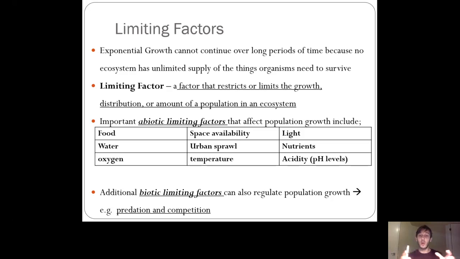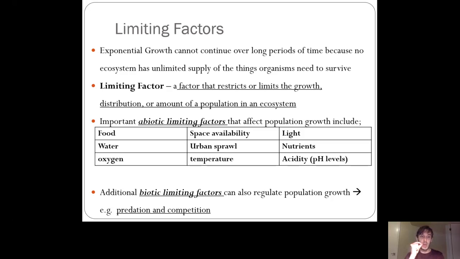Okay, and we call that urban sprawl. That's us encroaching on the space of other organisms and where they need to live. And so they don't have as many places to live. And so obviously those ecosystems can't support as many individuals in the population as they might have before we showed up. Okay, and those are abiotic factors because they're not necessarily things that are alive. They certainly have an impact on living things, but they're not alive.